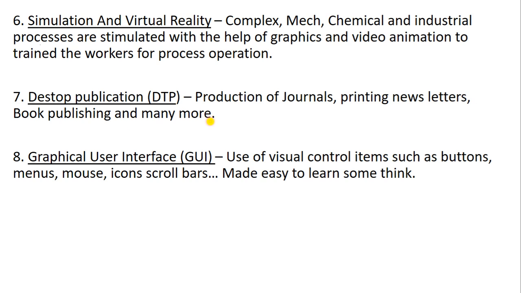While printing the letter paragraphs in the newspaper, while printing the images, in every newspaper they will not draw; they draw once and put it in the system, so automatically it will be printed. Graphics is used in publications for different types of news printing, letters, book publishing, and journals.